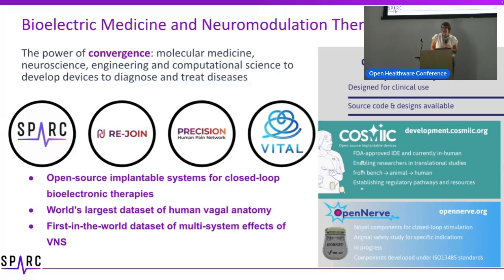It was just approved earlier this week. That was really cool. And then PRECISION is looking at the individual differences between people on how their genes are changed in response to pain in the spinal cord. So lower back pain, for example. What makes them different? Why is it different?